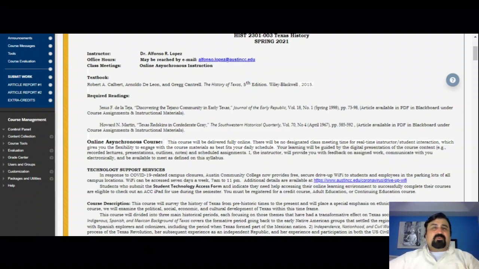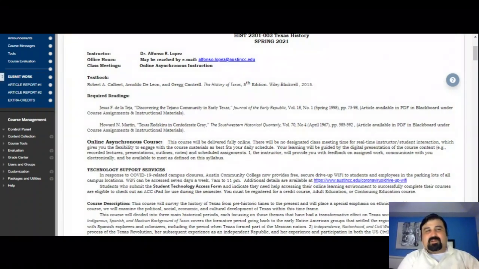A couple of required readings that will be designed for you to write a couple of reports. So there are two article reports. Article report number 1, you can see here in Submit Work, and article report number 2. Those reports are based on those two articles. Again, they're already available on Blackboard.